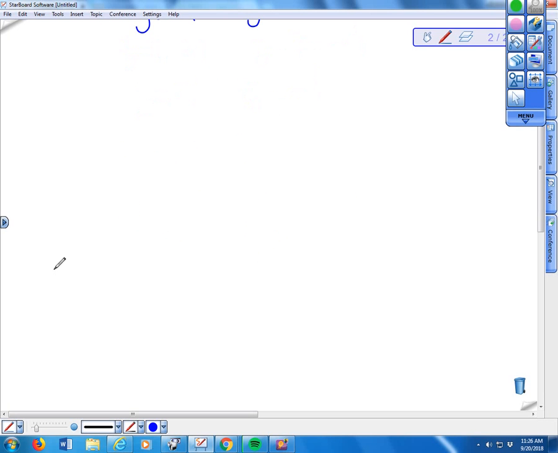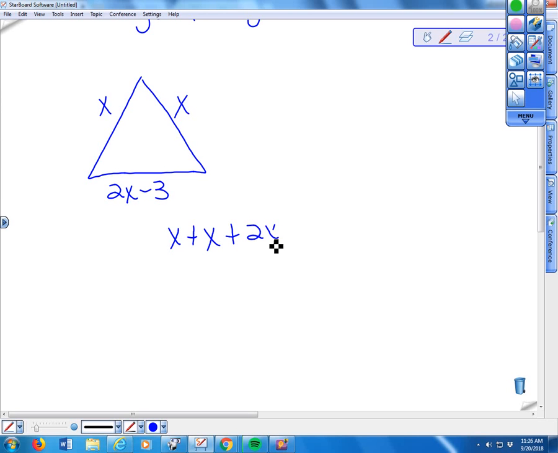Number 12. Two sides of a triangle are equal lengths, so I'm just going to call them both x. The length of the third side is 3 meters less than the sum of the lengths. So I have x plus x is the sum of those two, which is 2x, and it's 3 meters less. The perimeter is equal to 29, so x plus 2x minus 3 equals 29. Solve for the longest side.